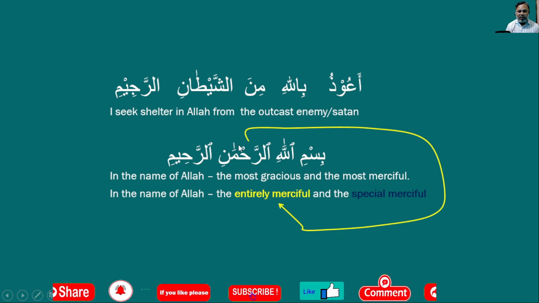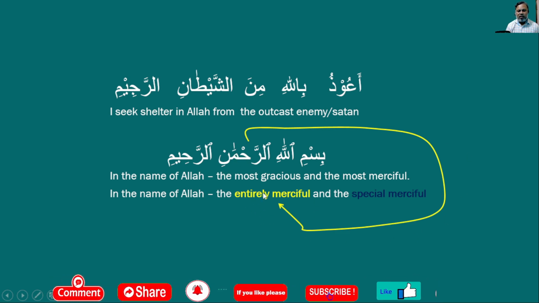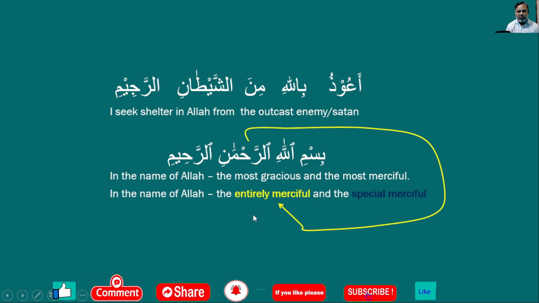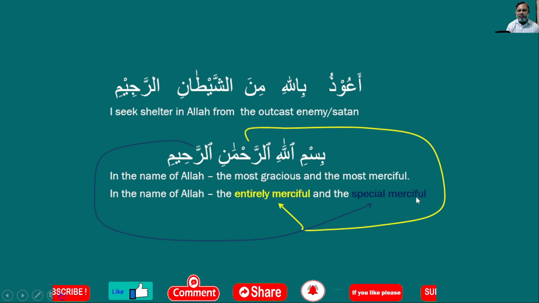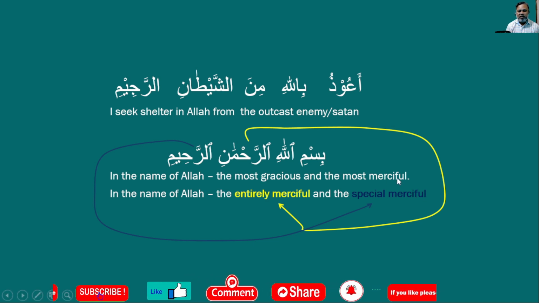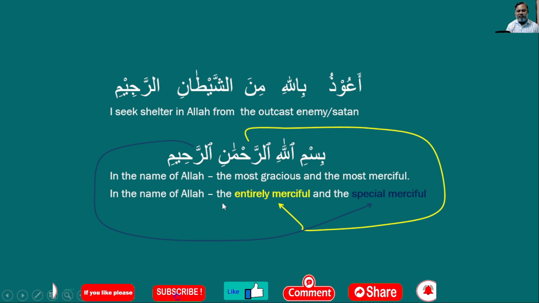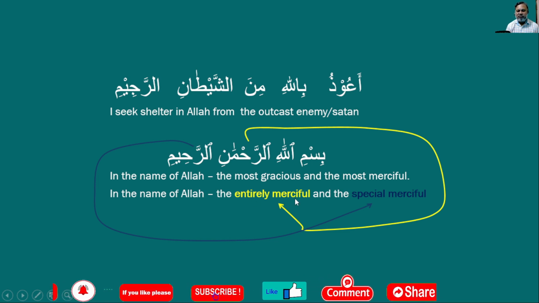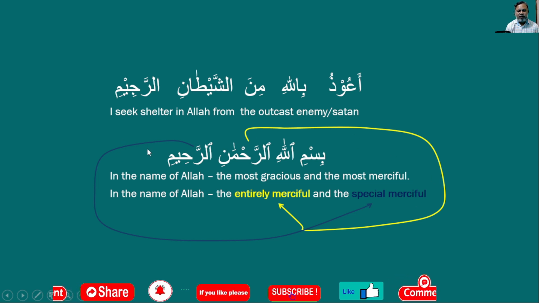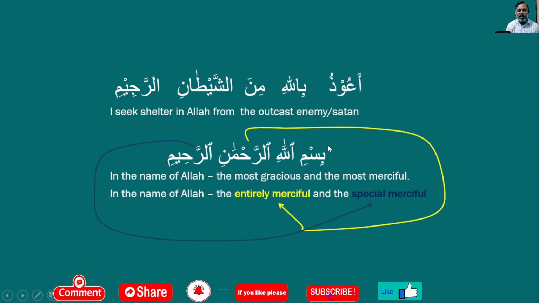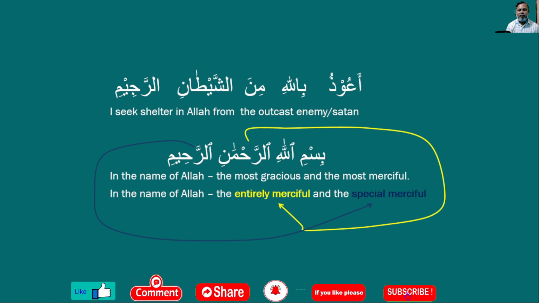So Rahman is for the entirely merciful and Rahim is for the especially merciful. This is the actual meaning of this ayah, the first verse of Suratul Fateha.